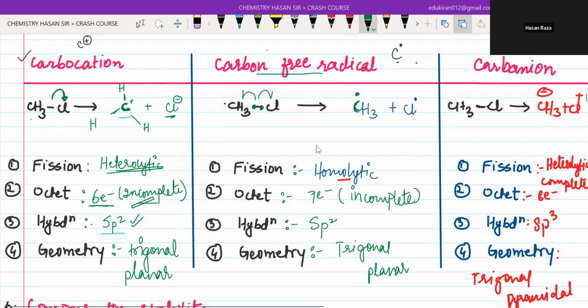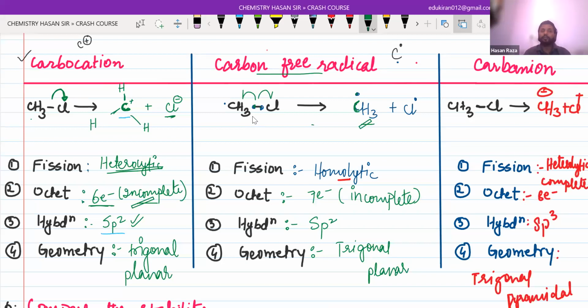Each one will take its own electron in this way, and a carbon free radical will form. This is called homolytic cleavage. The octet is incomplete because 3 bonds are made with 3 hydrogens and 1 electron is free, so there are 7 electrons. Again, the hybridization will be sp2 and the geometry will be trigonal planar.